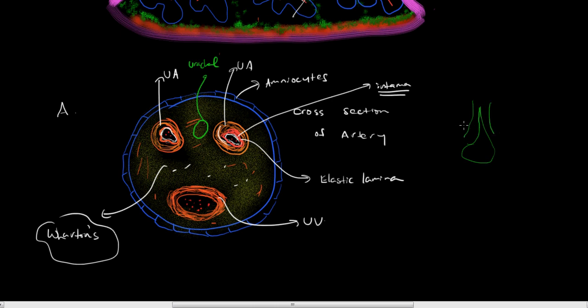So you could imagine, if it persists on the cord side of the equation, you get these remnants. And if the urachus persists on the fetal side, you could get a patent urachus, and even sometimes the baby experiences weeping of urine through the umbilicus. So this is a remnant within the cord side of the equation, and this would be the remnant. There's another way you could see the remnant within the fetal side of the equation.